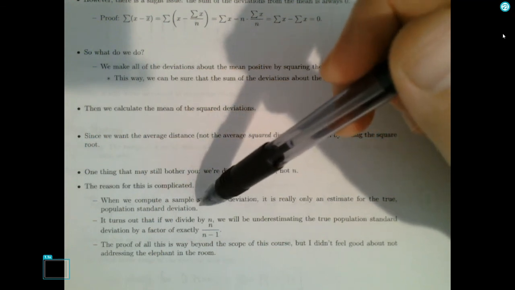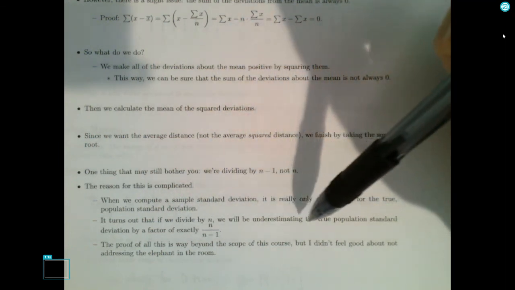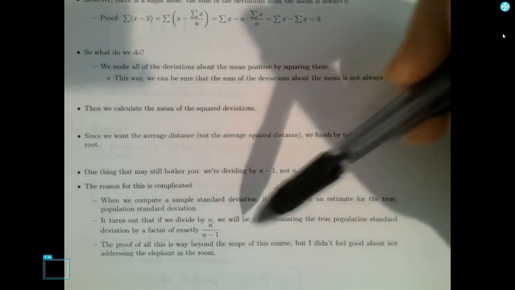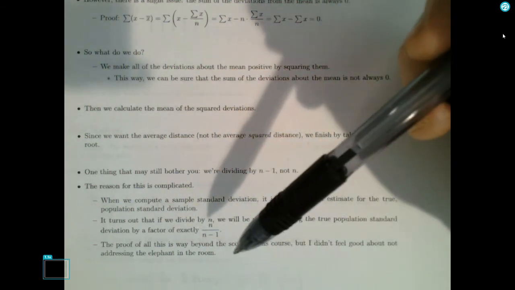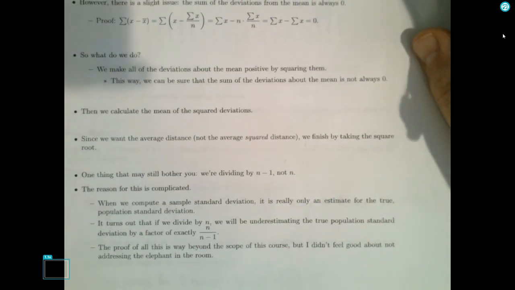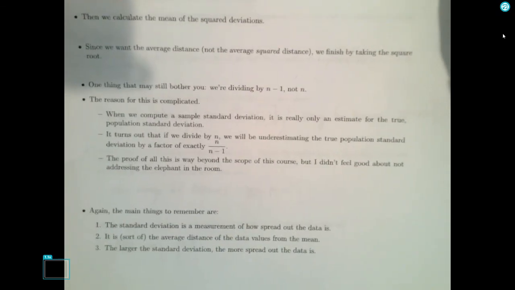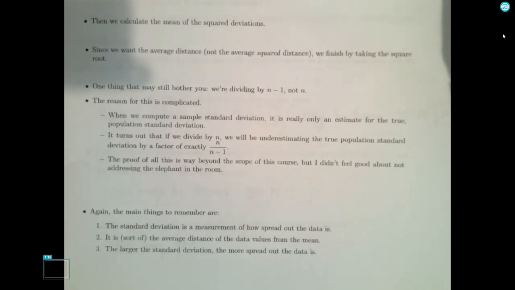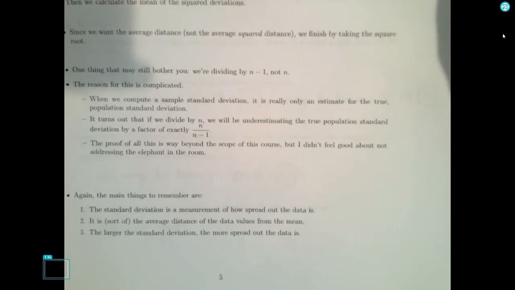And it turns out that if we divide by n, we'll be underestimating the true population standard deviation by a factor of exactly n divided by n minus 1. The proof of that fact is way beyond the scope of this course, but I just wanted to point out that that's why we're dividing by n minus 1 instead of just n, because basically we would be underestimating the standard deviation otherwise.